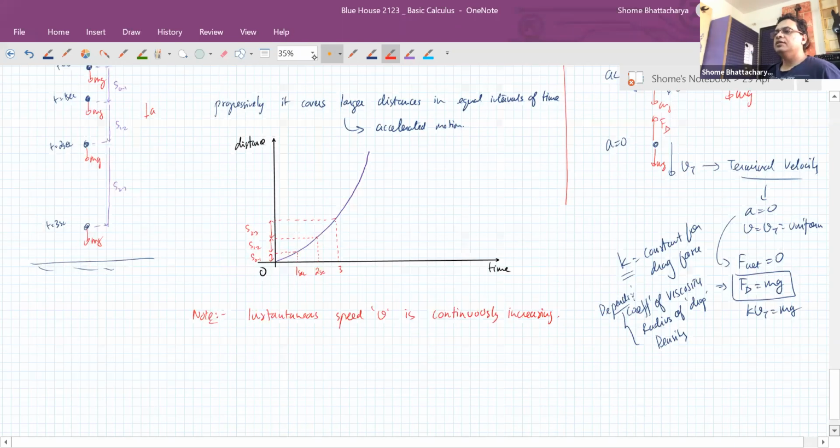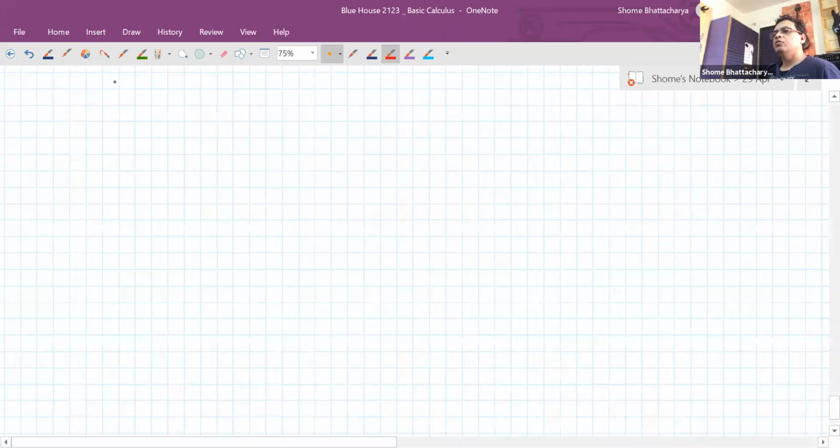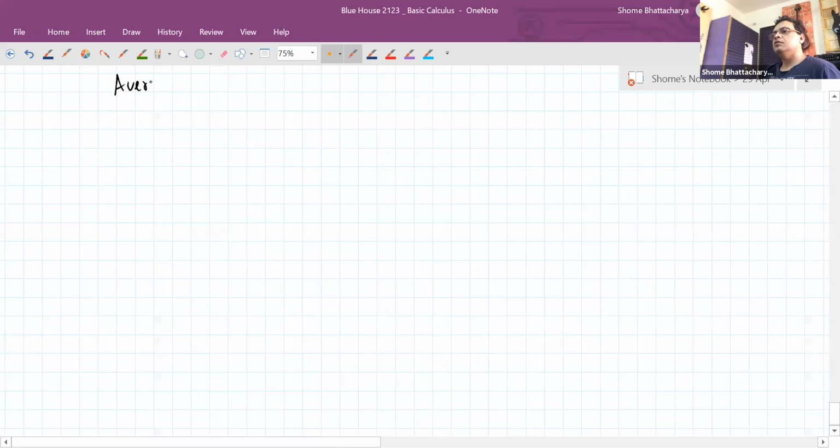So in a graph like this, where the speed is not constant, what is average speed? And here, when we talk about average speed, we are not talking about the definition. We are talking about the graphical or geometrical interpretation.